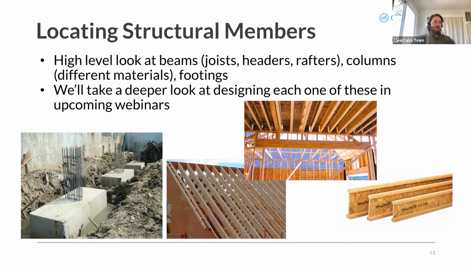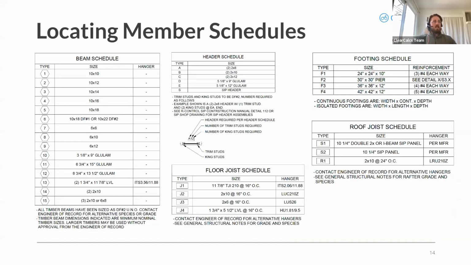So basically I just have here, we're going to take a high level look at finding and locating the joists, headers, rafters, footers, stuff like that within the drawings themselves. And then going to locate the member schedules as well. That's going to tell us, what size is that beam, what manufacturer, what species can I use? And so we'll look at those together now in the drawings themselves.